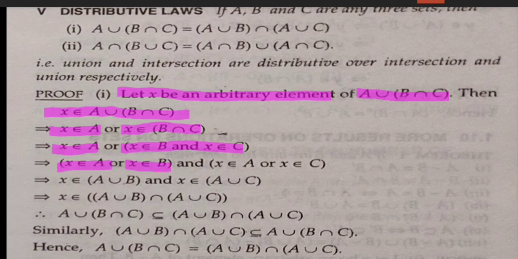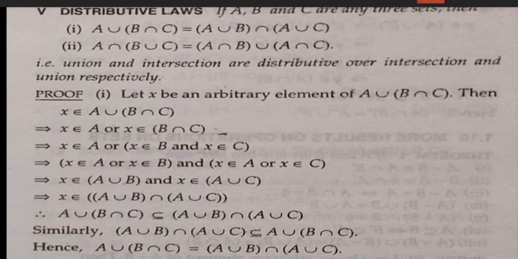Therefore X belongs to A or X belongs to B, and X belongs to A or X belongs to C, because OR is here. X belongs to A or X belongs to B, and is there here, and X belongs to A or X belongs to C.